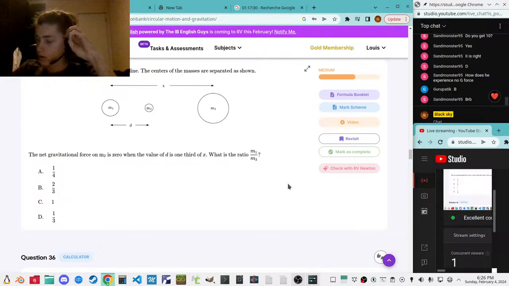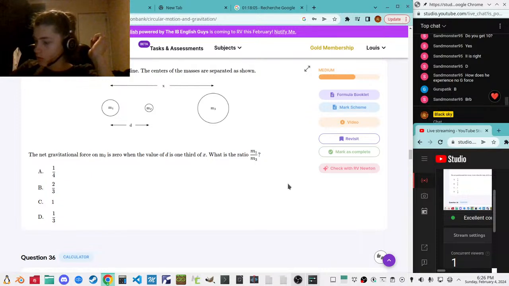Now we know that D is 1/3 of x, so 1/3 squared, so it's going to be 9 M1 is equal to M3.